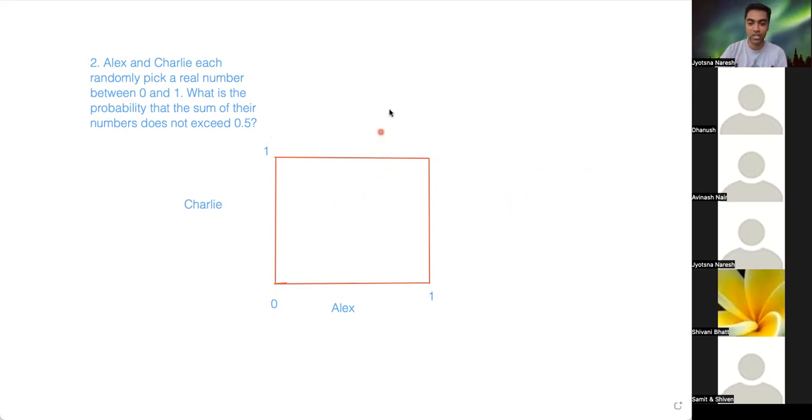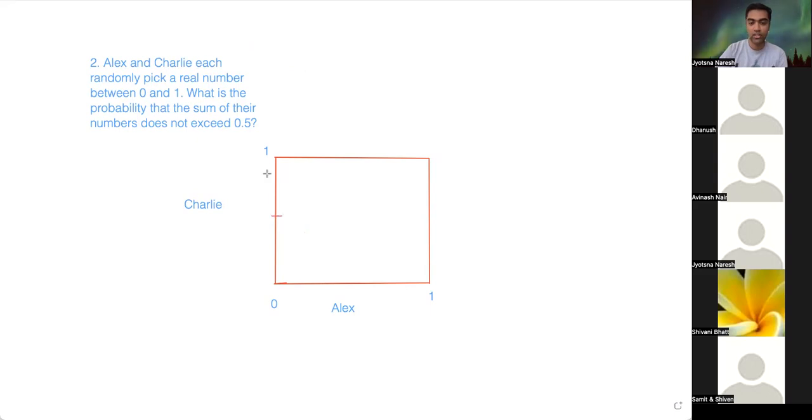And what point does that correspond to in this square? So that would be this point here, right? The middle of the y-axis, on half, good. Yeah, so that would be this point.